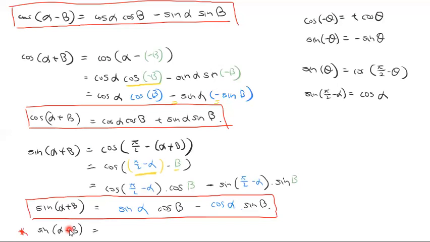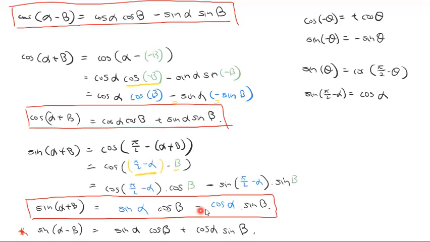If you sub in beta as negative beta, this sine alpha will stay unchanged. The cos of negative beta is still cosine beta, so that will stay unchanged. So that will be sine alpha cosine beta. Cos alpha will remain unchanged, but sine of negative beta will become negative sine beta. The negative and the negative will cancel to become positive, so it becomes plus cosine alpha sine beta.